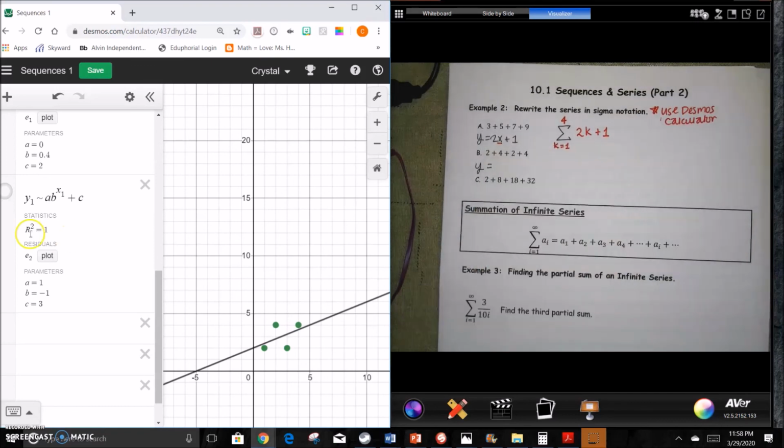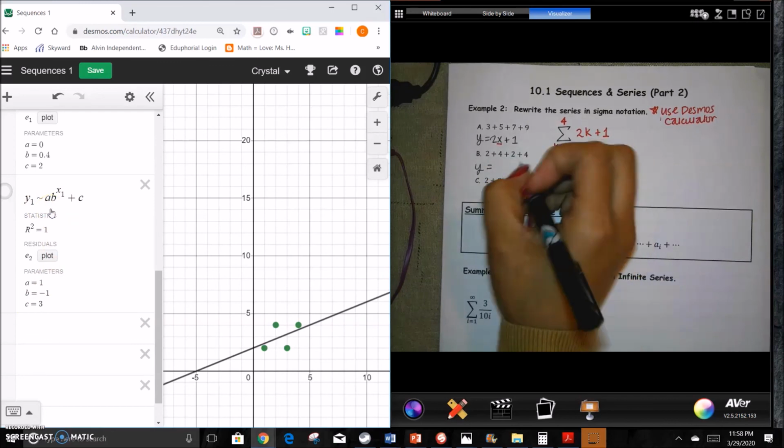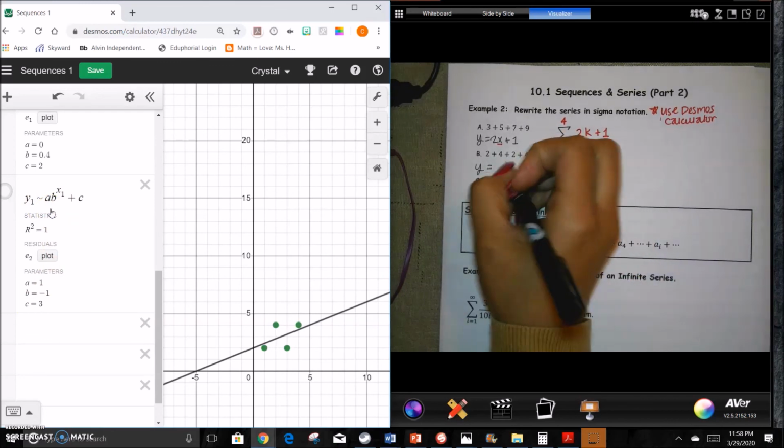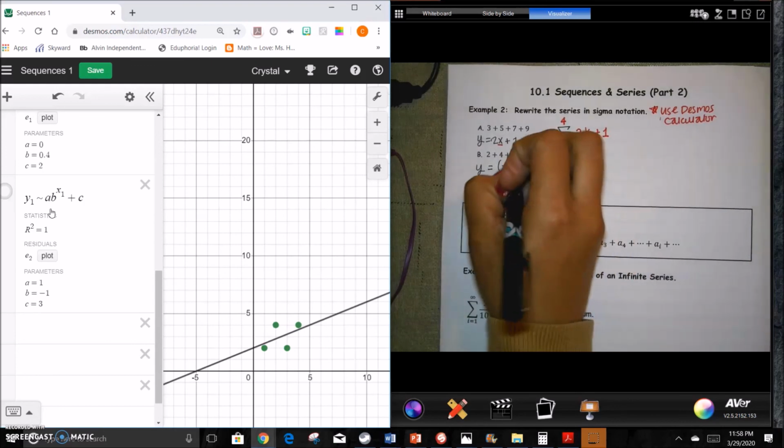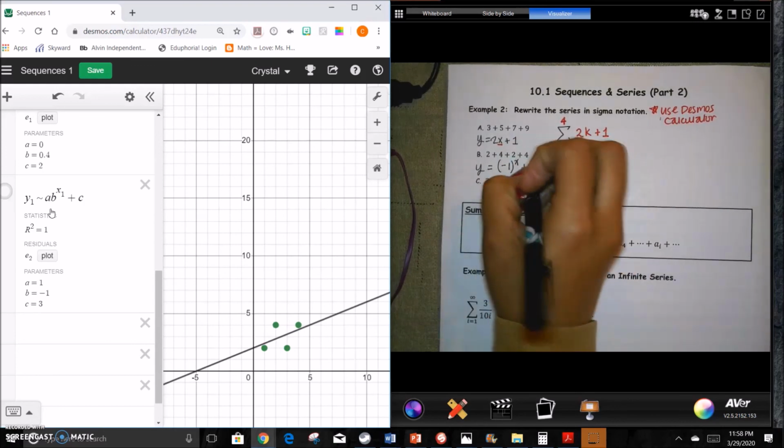And I get where I'm plugging in the numbers from the parameter section of this format. And it tells me to plug in 1 for a, -1 for b, and 3 for c. The y and the x stay exactly the same. So y equals 1, which you don't necessarily have to write, -1 to the x power plus 3.